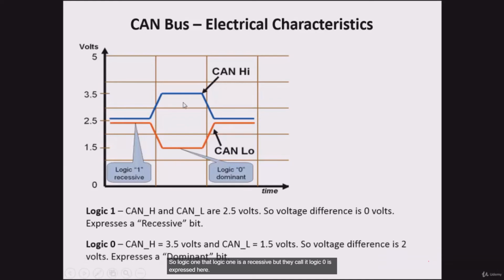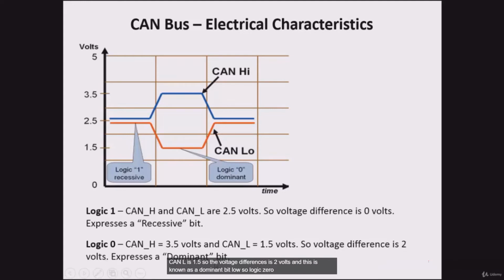Logic 0 is expressed right here. The voltage goes from logic 1 to logic 0, where CAN low is pulled down to 1.5 volts and CAN high is pulled to 3.5 volts. So 3.5 minus 1.5 is 2 volts. So logic 0 is CAN high at 3.5 and CAN low at 1.5, so the voltage difference is 2 volts.